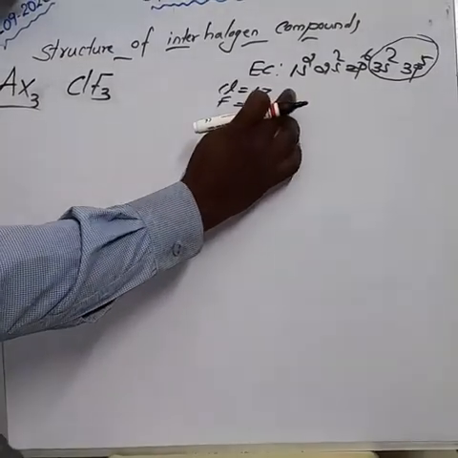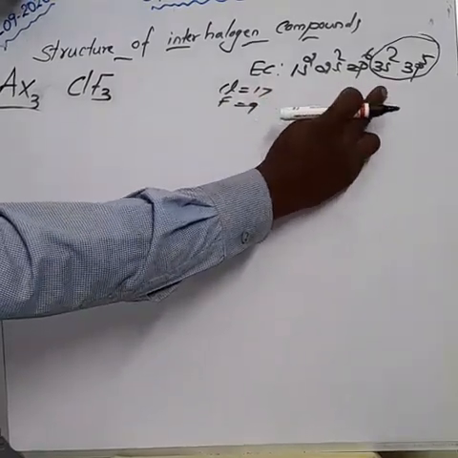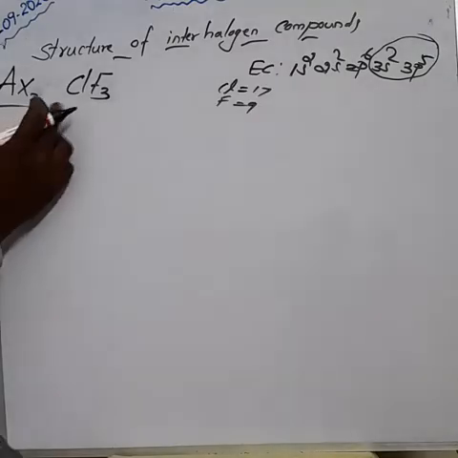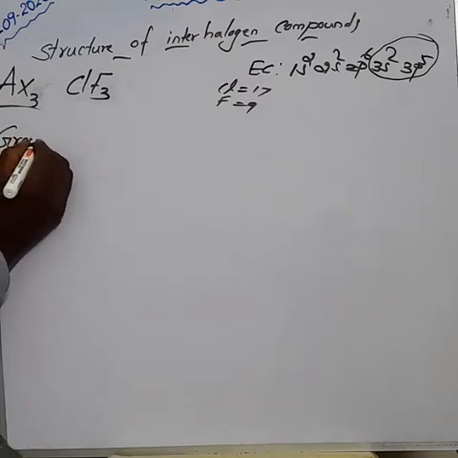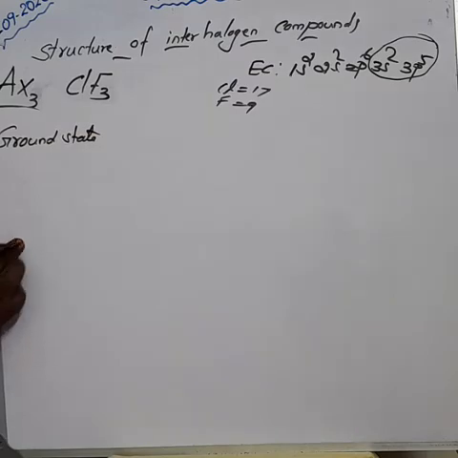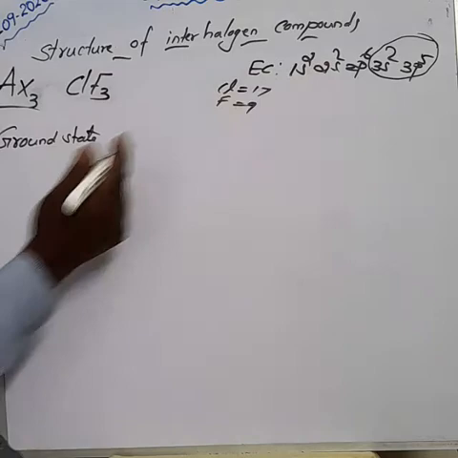The electronic configuration of chlorine is 1s2, 2s2, 2p6, 3s2, 3p5. Anyhow, the ground state of the Cl atom is 3s2, 3p5.